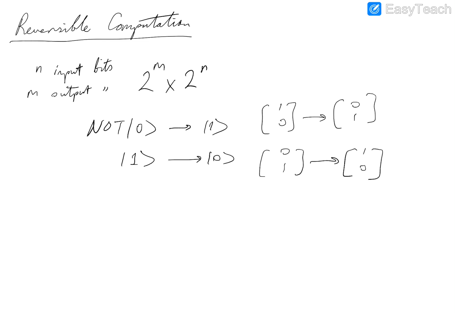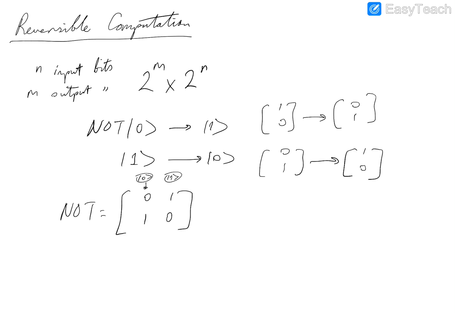Then we can define the matrix of the NOT operation as [0, 1; 1, 0]. The ith column of this matrix represents the output of the function when given the ith basis vector as input. So the first column is the output of NOT when given the basis state cat 0, and the second column is the output of NOT when given the input cat 1. This is the first basis state, and this is the second basis state. Okay.